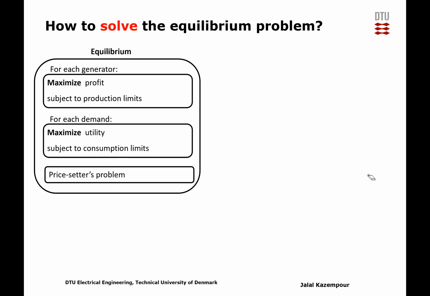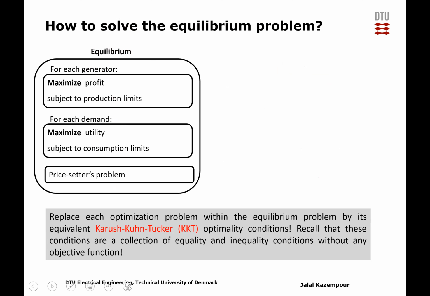So let me first check equilibrium. Some of you answered how we can solve equilibrium. Yes, what we can do is replace each optimization problem by its corresponding Karush-Kuhn-Tucker (KKT) conditions.